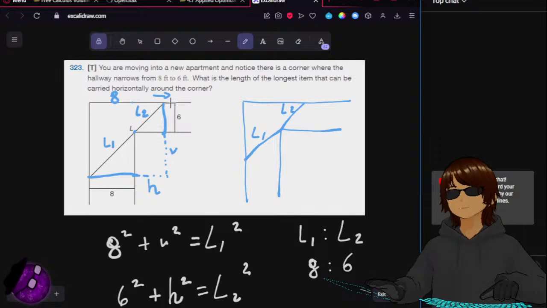I don't think this can be carried horizontally because you can't push this any further, because this is in the way.